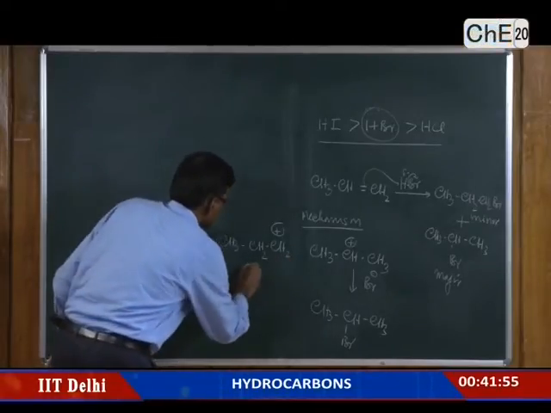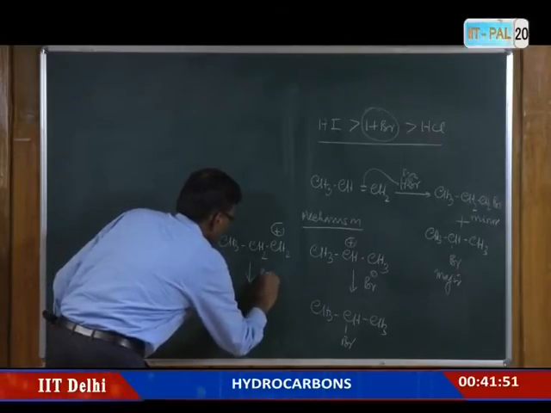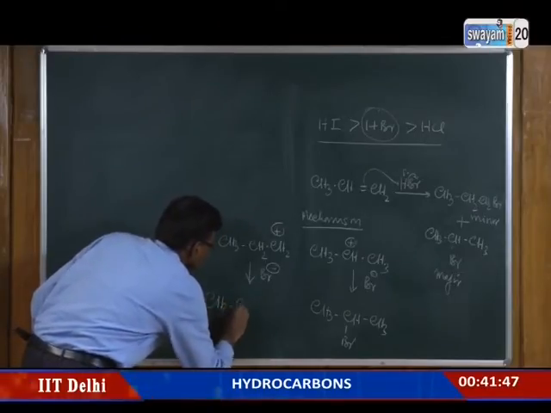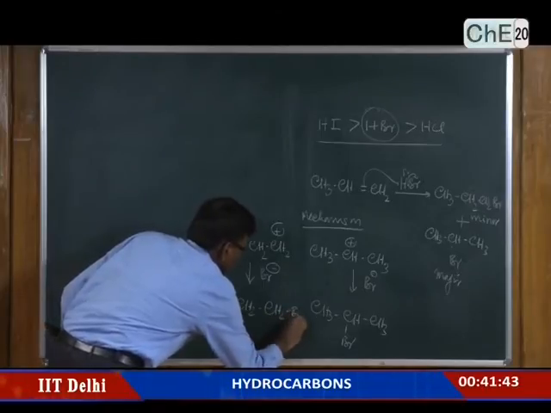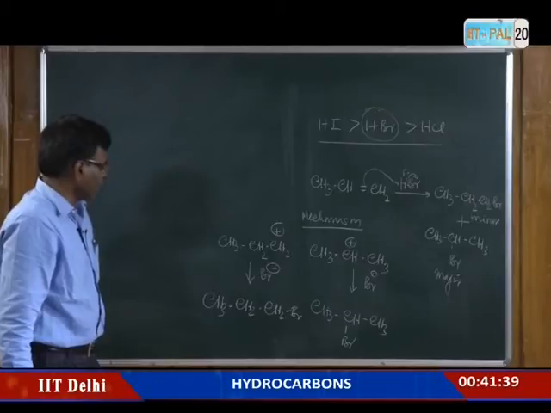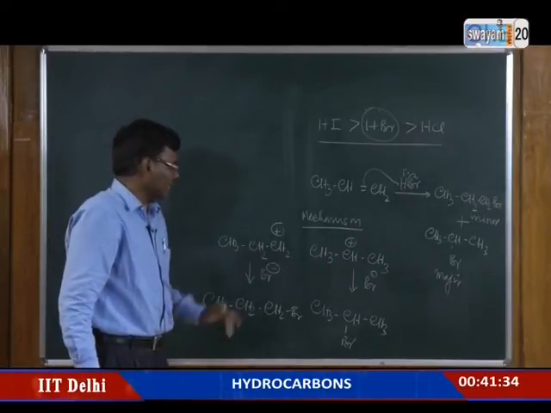So, in this case, if the carbocation reacts with the Br minus, you get the primary alkyl halide. So, there is a possibility of formation of both these carbocations.